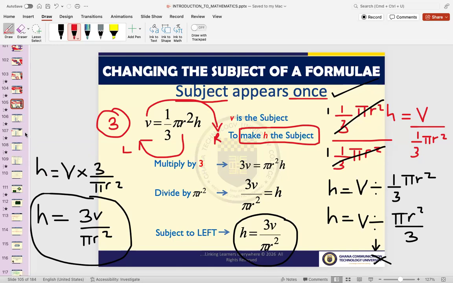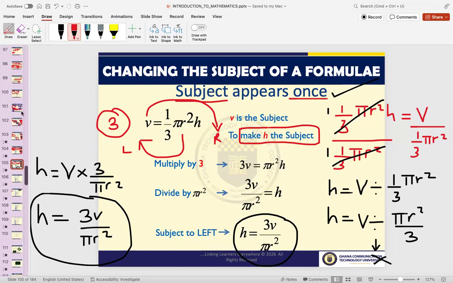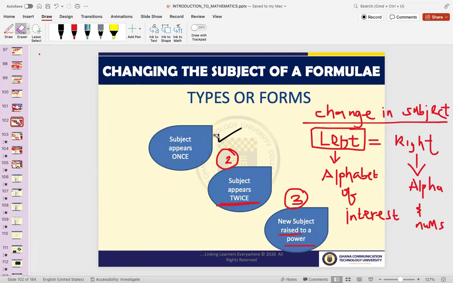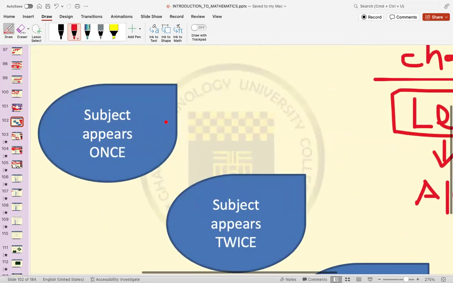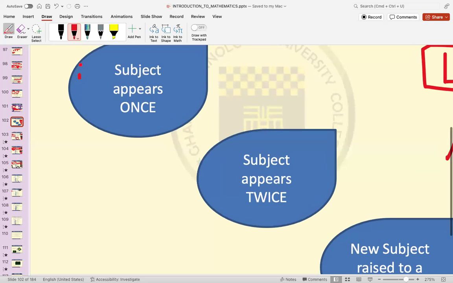All right, so I was saying initially that today we want to tackle 3 forms. The 3 forms are as follows. First of all, the subject, or what you are looking for, is appearing once.